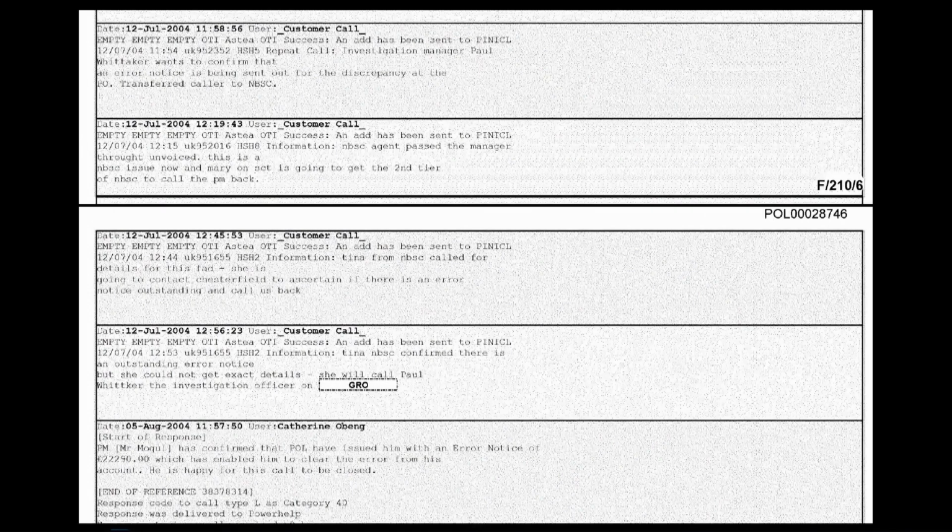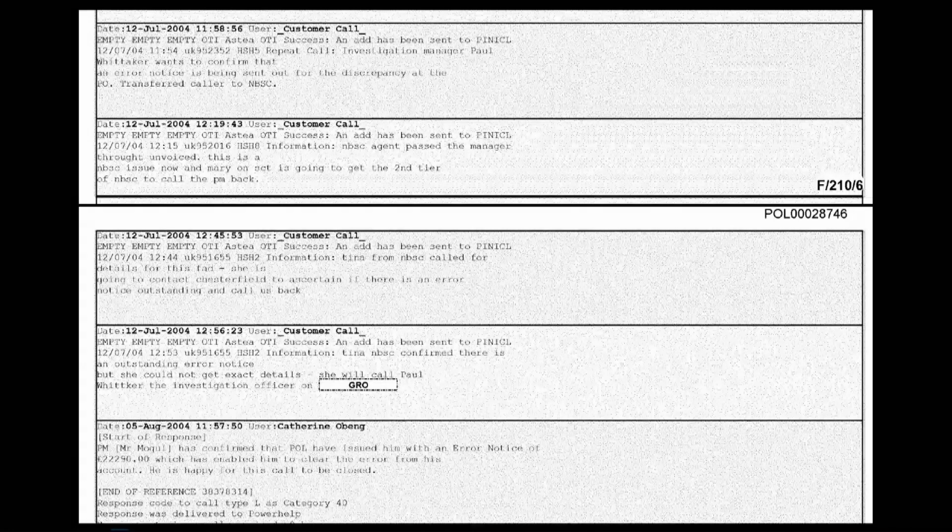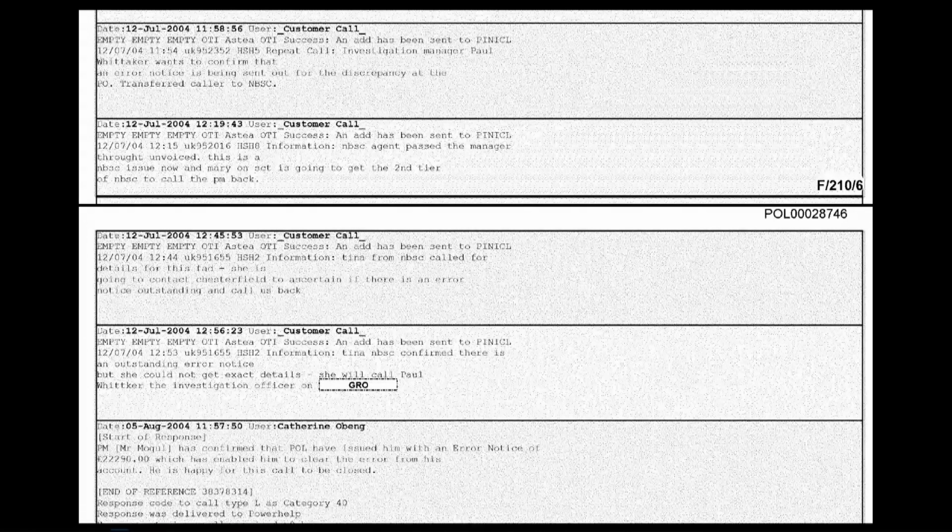If we can go on to the 12th of July, please. Thank you. If we look at the last entry for the 12th of July, the one timed at 12:56:23, an ad has been sent to Pinnacle, and then a number is given.